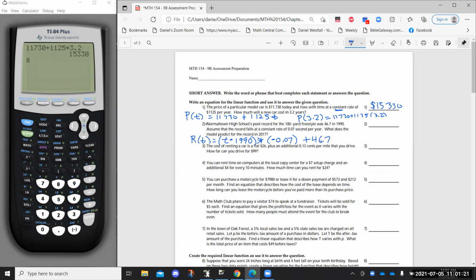The other way that you could write that would be 46.7 minus 0.07 times T minus 1990. That's another way to write it.